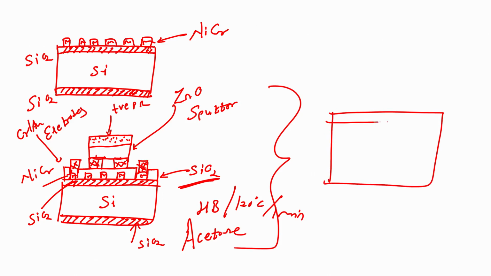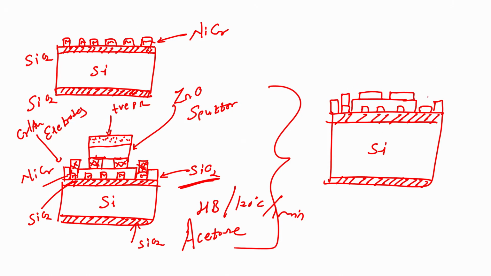I will have my silicon oxide, that is the oxidized silicon wafer, on which I will have my heater, then I have an insulating material, right, on which I will have my electrodes, right, and my heater, right.